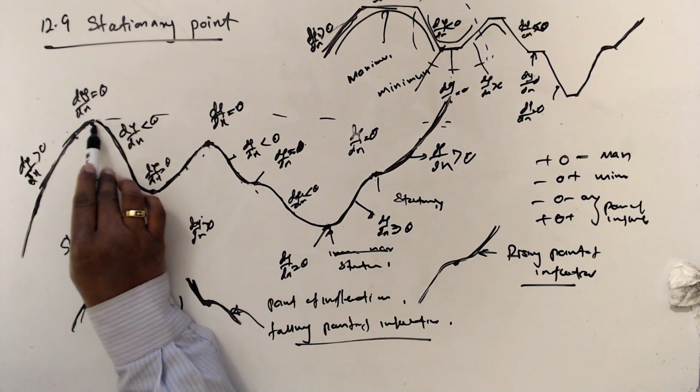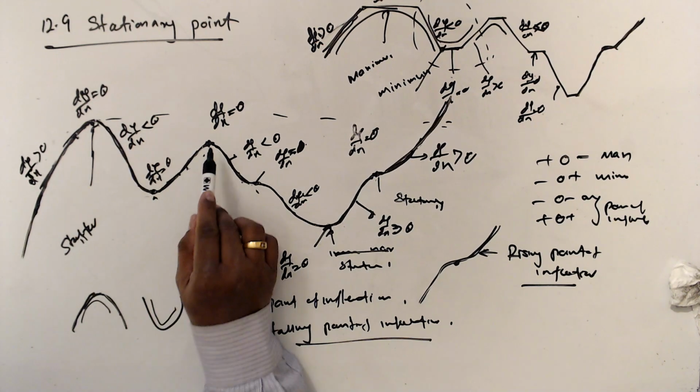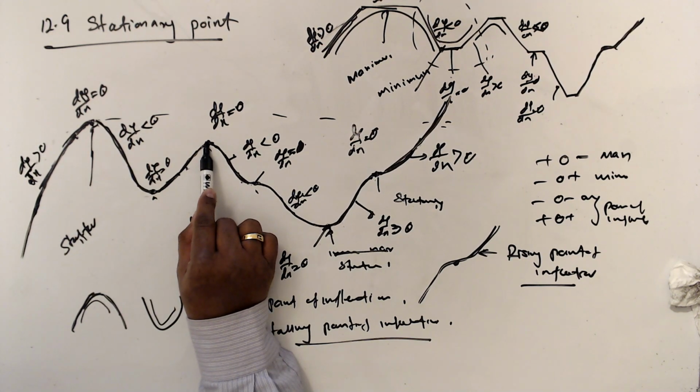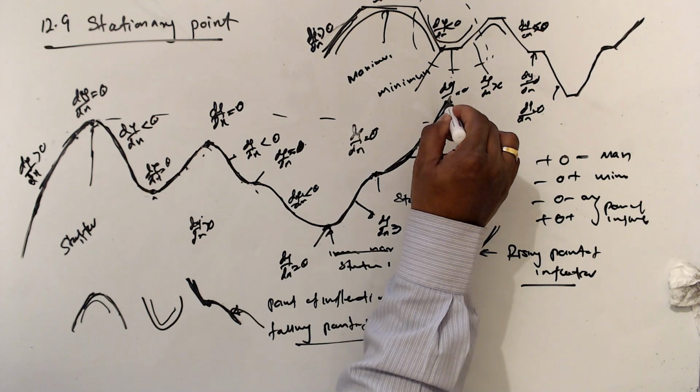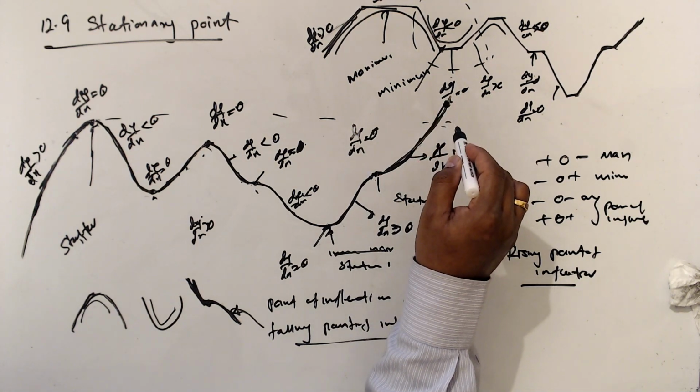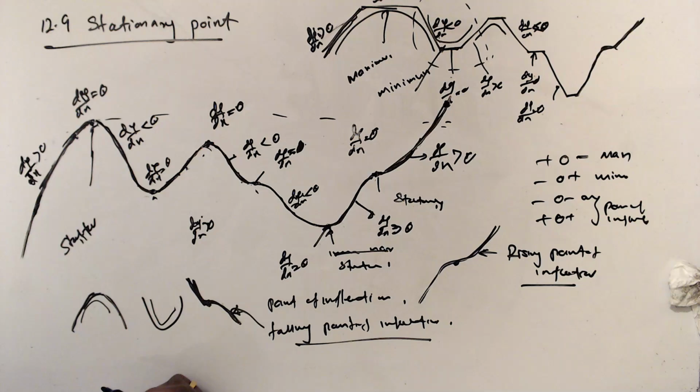So now we say this is a maximum. How about this one? This is also a maximum. So how about this point? That is also a maximum. So now which one is maximum? Maximum means highest point.